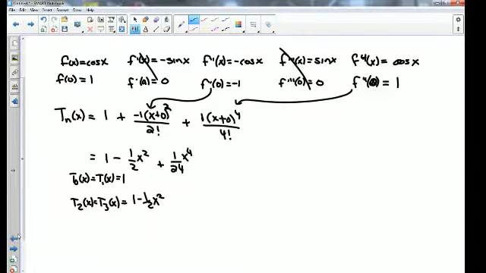So when you see a pattern like this, what you're probably going to end up doing is writing your Taylor polynomial like this. Okay. Because every term doubles, right?